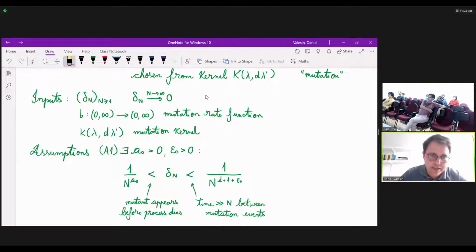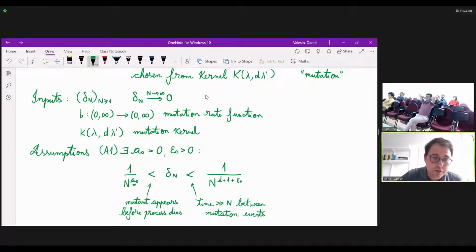So we say that delta n is above 1 over n to some power a0, and also that it goes to 0 faster than 1 over n to the d plus 1 plus some epsilon 0. So those are the conditions.